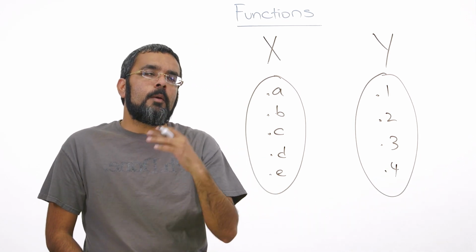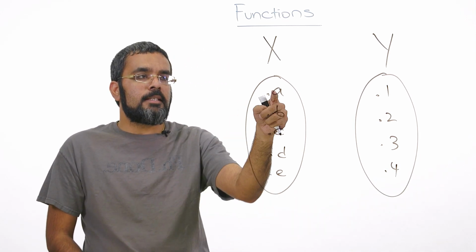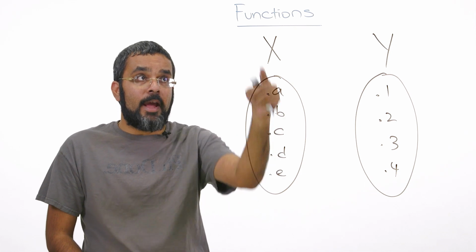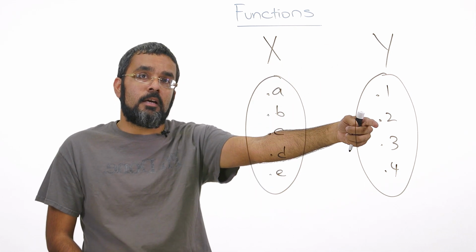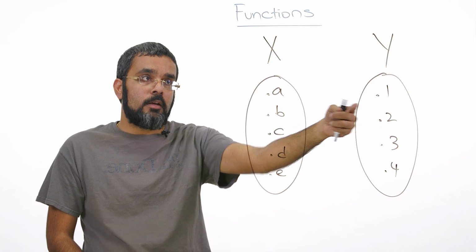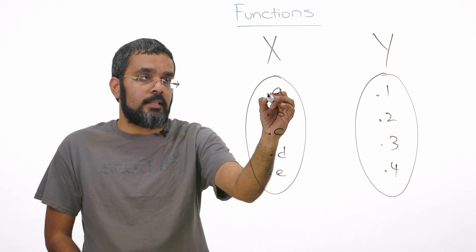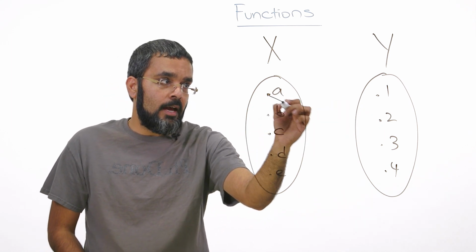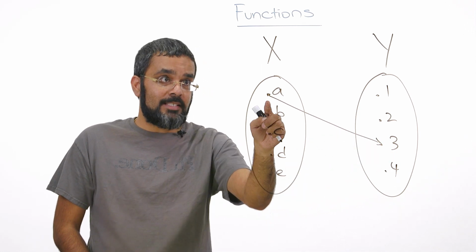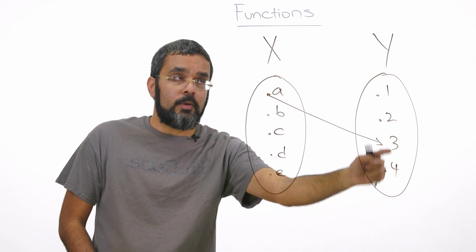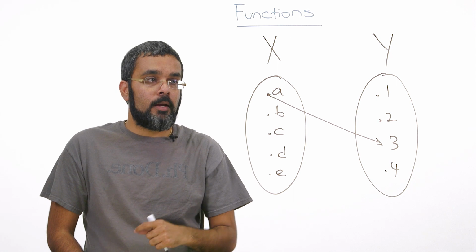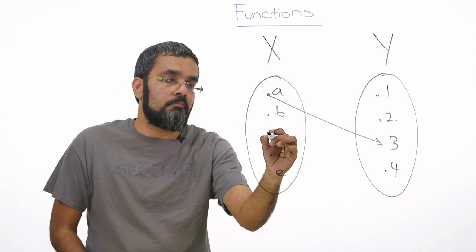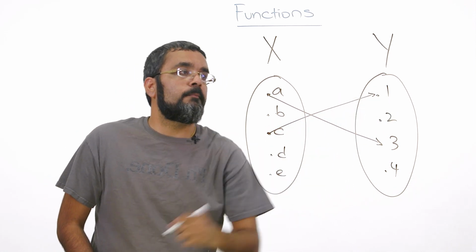Now what my function does is it takes every element of x and assigns it a unique element in y. So it's going to take A and assign A to the element 3, which is in y. It's going to take C and assign it to 1.